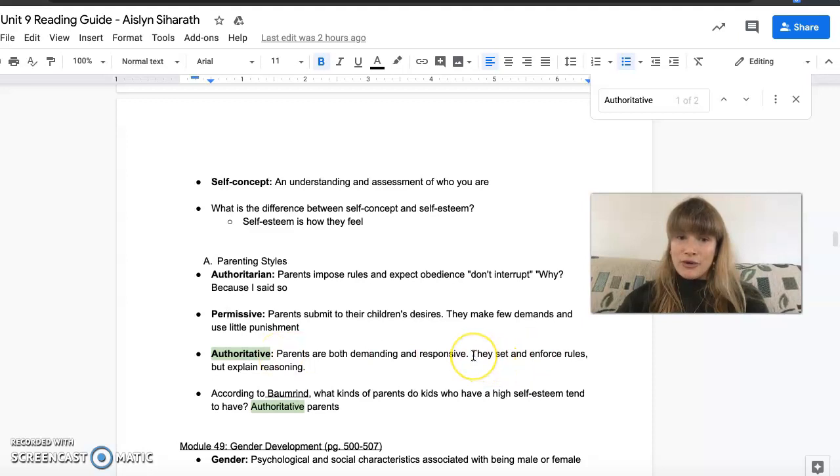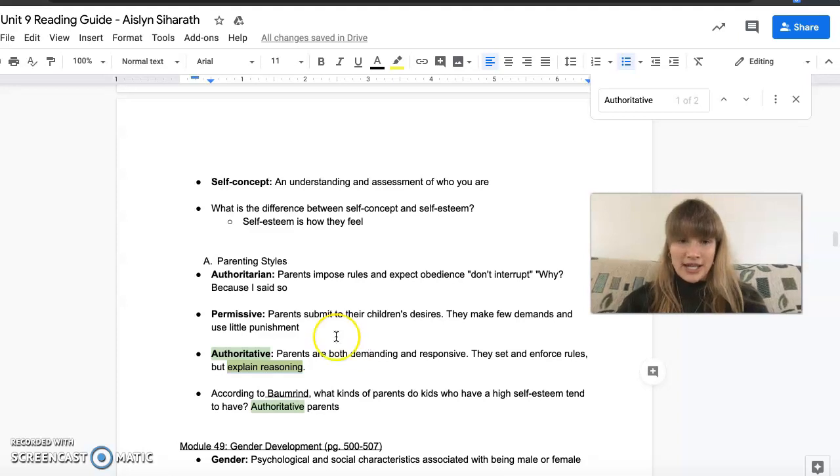They set and enforce rules, but explain reasoning. So that is the key difference: a parent who's authoritative would set rules, like, you have to brush your teeth, but they would explain the reasoning behind the rule. They would take the time to explain to their child, if you don't brush your teeth, you'll get cavities, or whatever other reason they have.